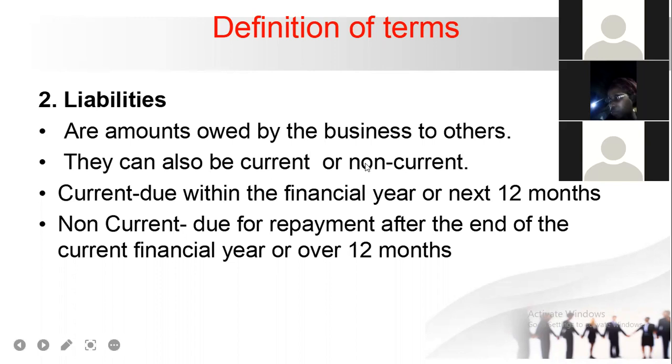So current in the sense that we have to pay them in the current accounting period, and non-current in the sense that we do not have to pay them in the current accounting period. So that's the demarcation between current and non-current. Whenever you find the two, current and non-current, in accounting, it refers to the period in which that particular item is expected to be settled.